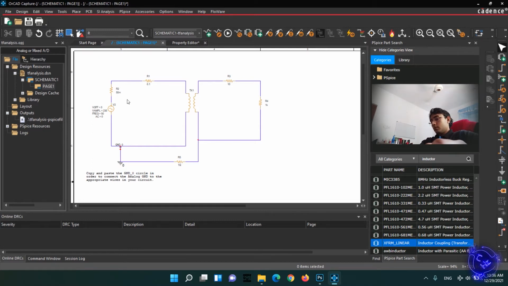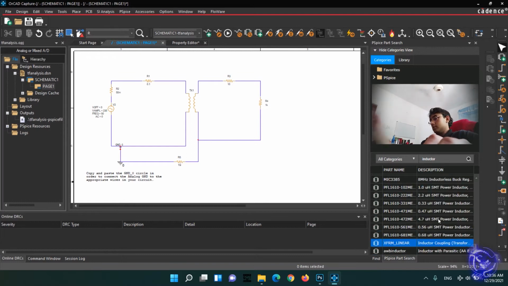Now I would like to build this in another way. Now let's see whether there is any other module, right?